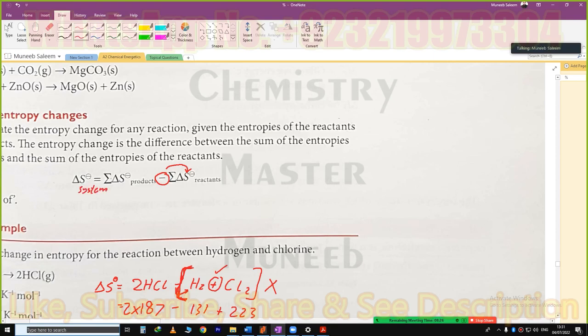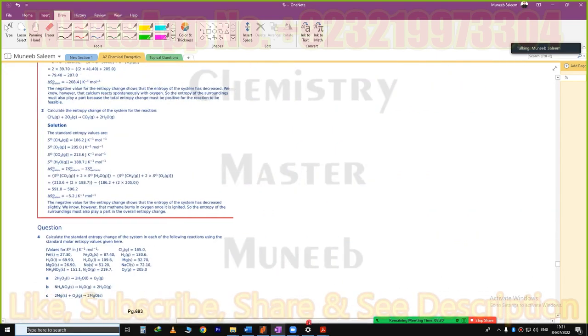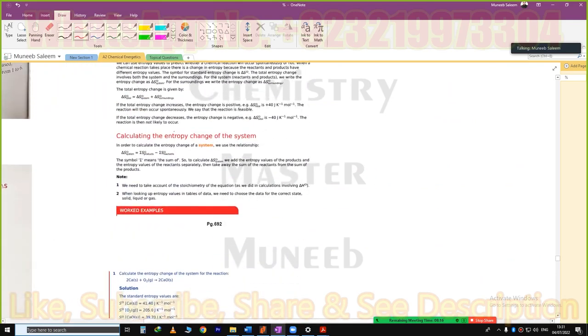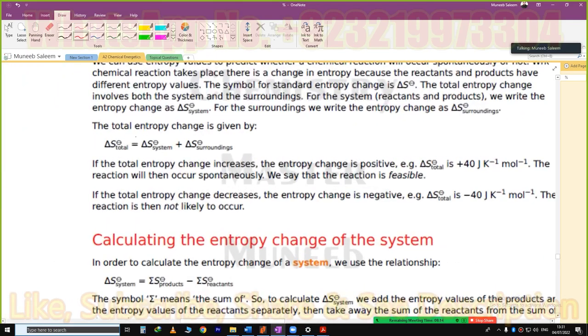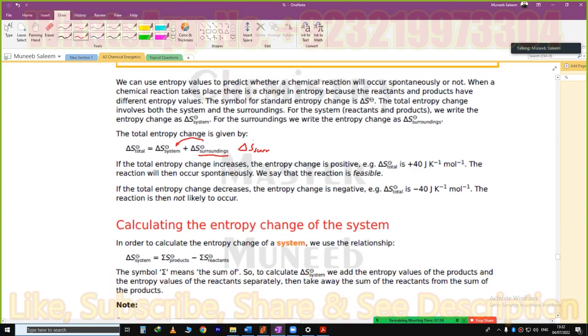If you want to find the delta S total value, you will also have to include delta S of the surroundings, which is added to the system. There is a different equation to find the delta S of the surroundings, which is mentioned in the letter. So do memorize all the equations when you are required to find a specific value.